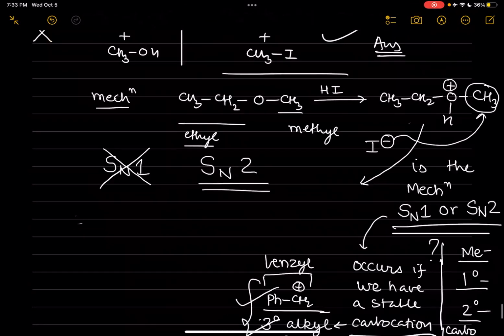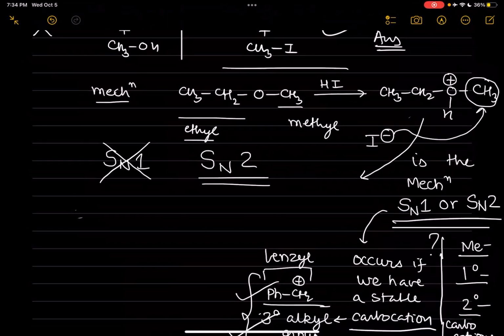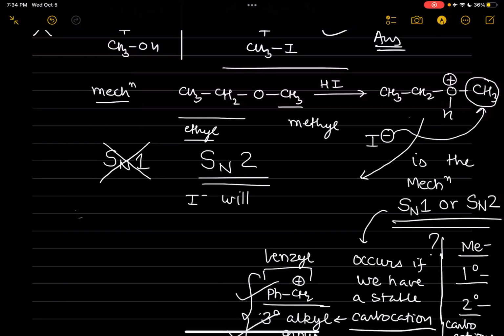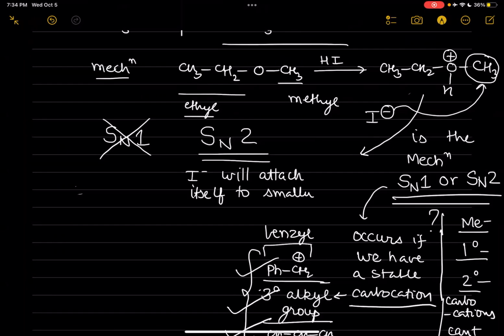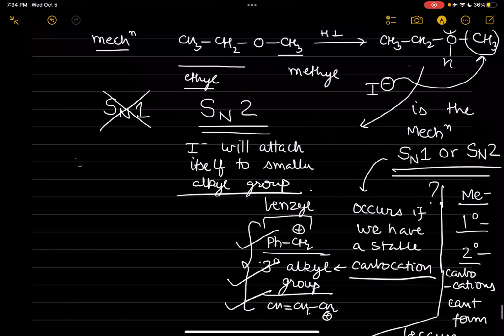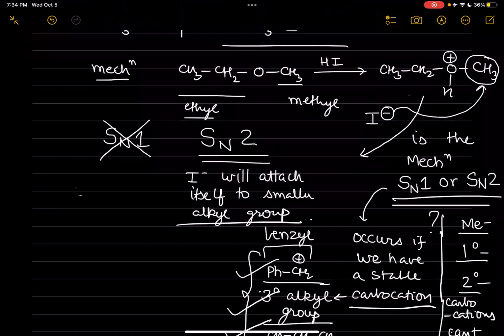So in SN2, you can write that I minus will attach itself to the smaller alkyl, because that's where the I minus can join itself easily.